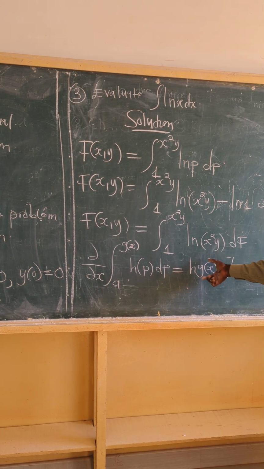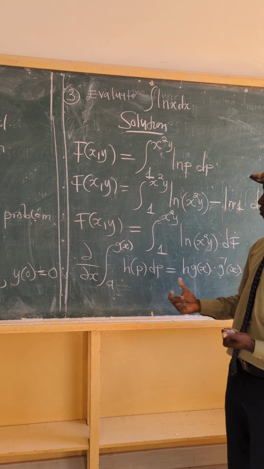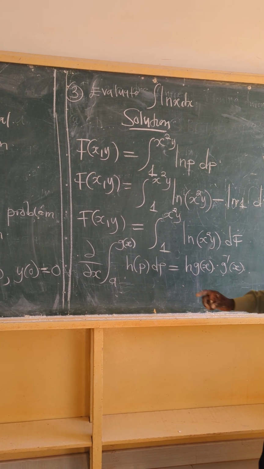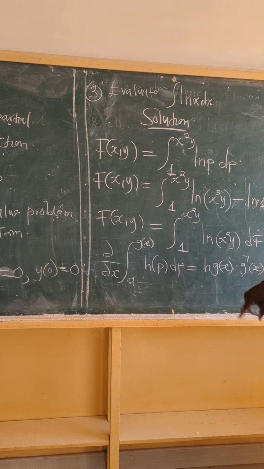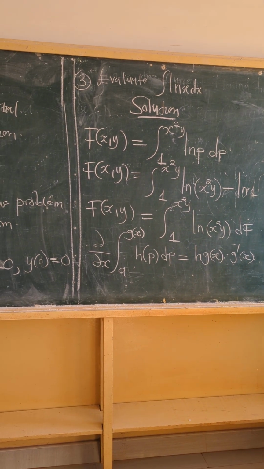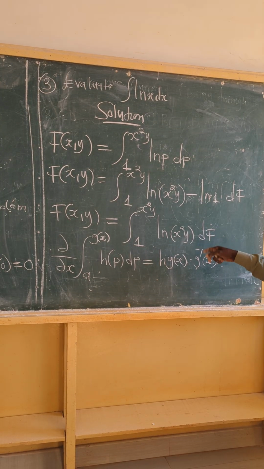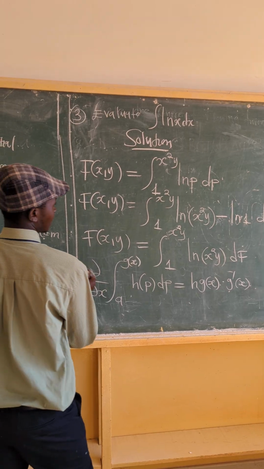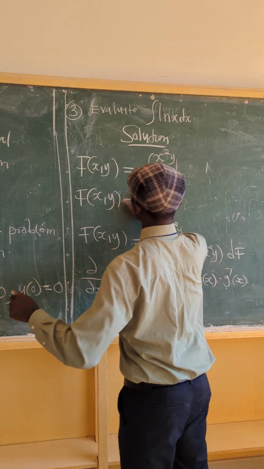If we want to obtain the partial derivatives, we need to differentiate with respect to x, then we repeat that part which is in the integral. Let me create some space so that you understand.